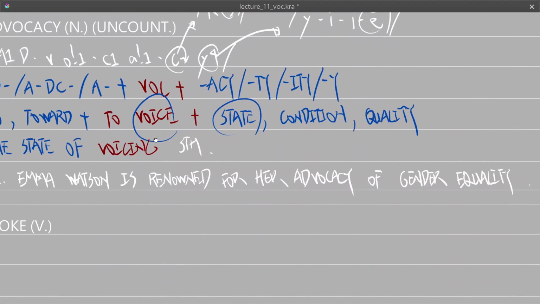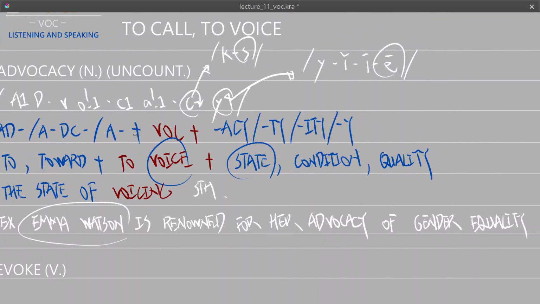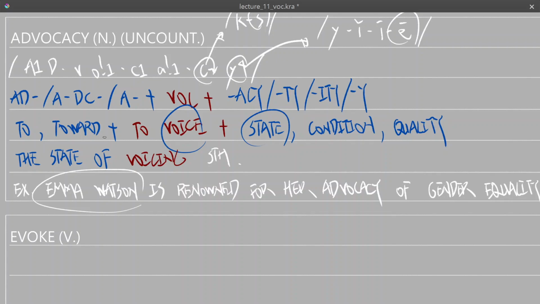So you could simply say she's an advocate of gender equality.